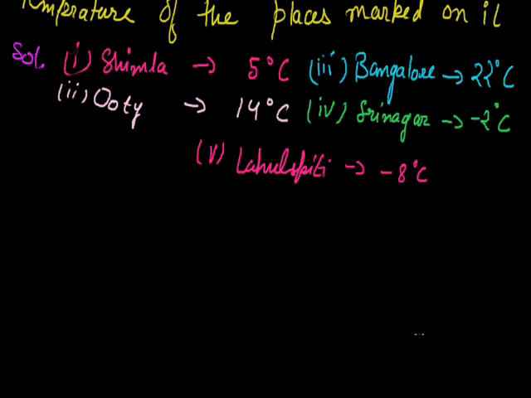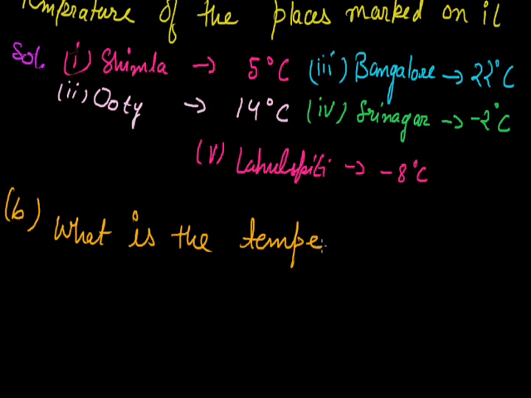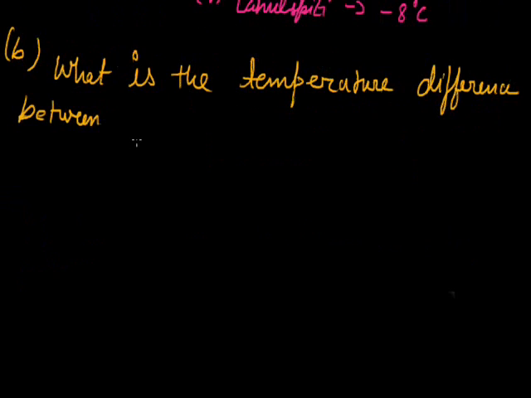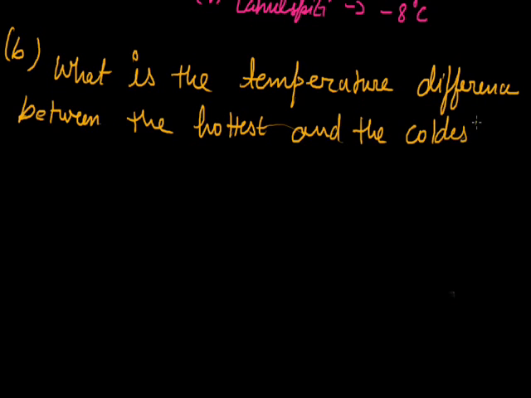Now the second part of the question, that is the B part. In B part, the question is, what is the temperature difference between the hottest and the coldest place, hottest and the coldest places among the above.